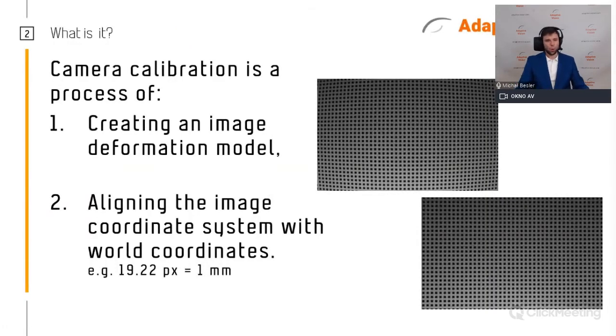So, we can say that camera calibration is creating an image deformation model. But what does it mean exactly? On the top right side, we have an image with objects lying not on parallel lines, but rather on some kind of arcs. We can clearly see that the image is somehow deformed.